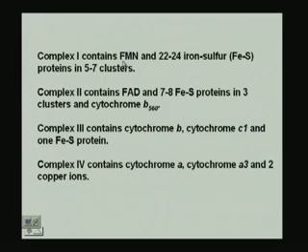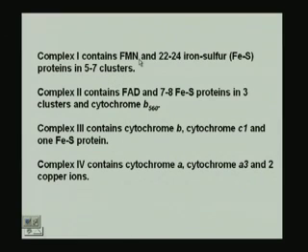What is FMN? FMN is flavin mononucleotide, and it has 22 to 24 iron-sulfur proteins present in clusters. So, that is what complex 1 is. Okay? And apart from that, we are going to see what else it contains.